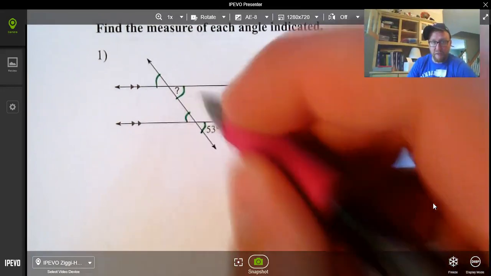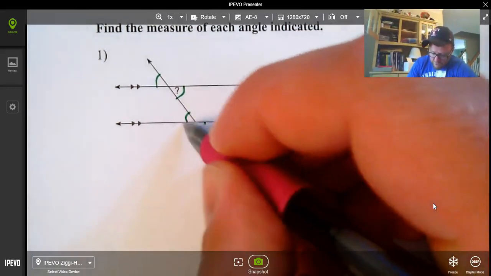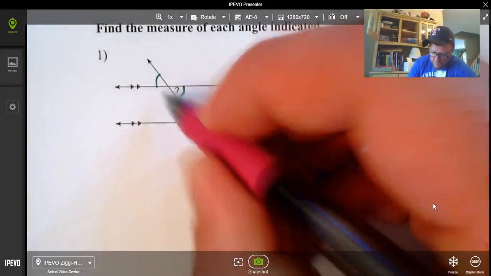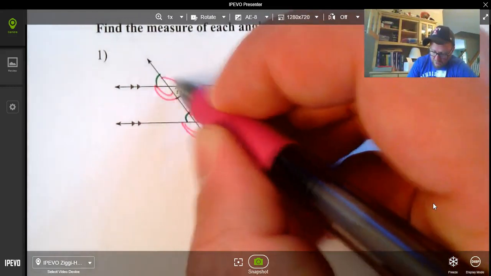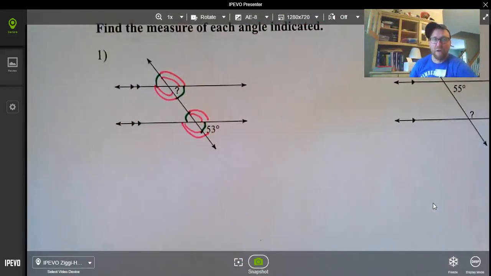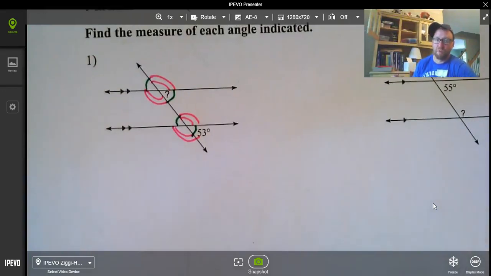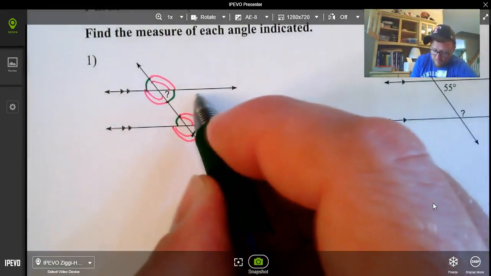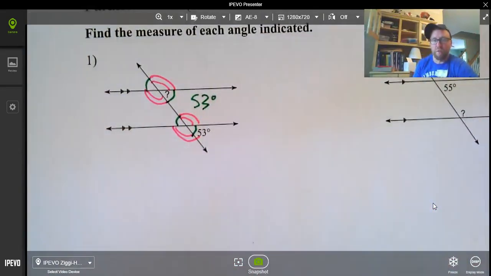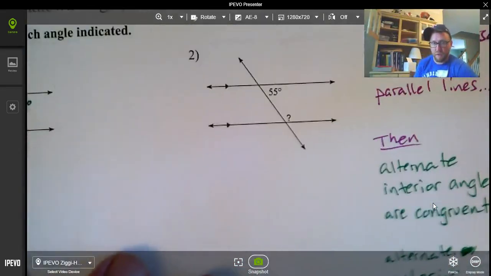If I make the same zigzag pattern going in the other direction, all these angles are congruent. So the green angles are congruent, the pink angles are congruent, and if you take a pink angle and a green angle, they're supplementary. So in this case, the unknown angle and the 53 degrees are both green angles, so 53 degrees.